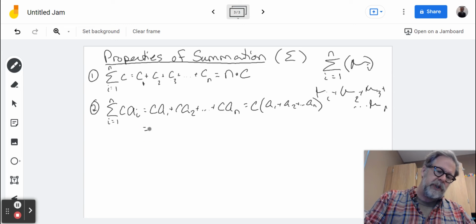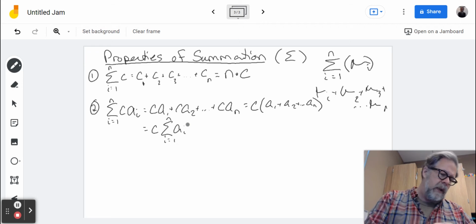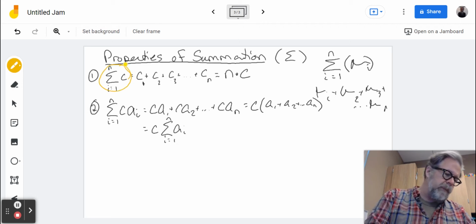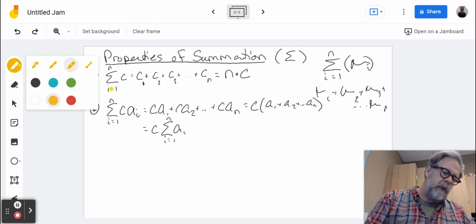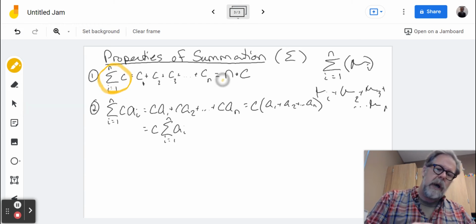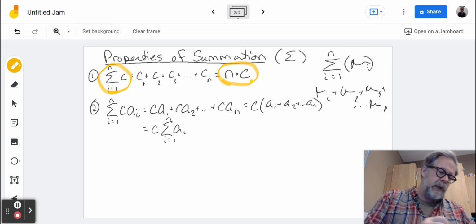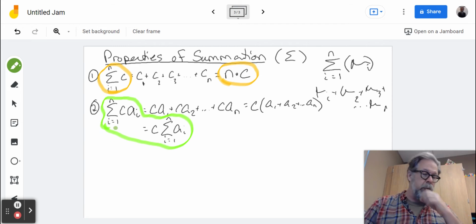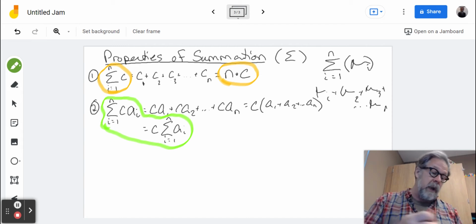But that's just C times the sum of I equals 1 to n of A sub I. We've got the sum of a constant times something, which is just the constant times the sum.